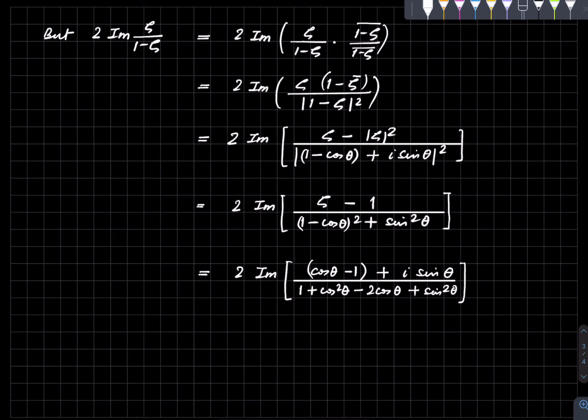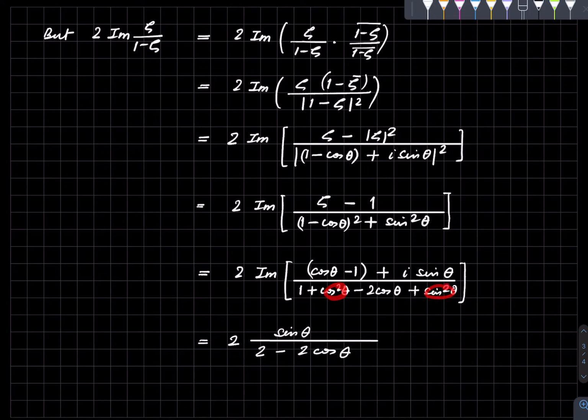So that's the denominator, and since the denominator is real, the imaginary part of this is, as I'm sure we can see, nothing but sine theta divided by 2 minus 2 cos theta.